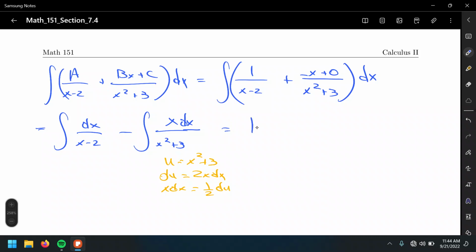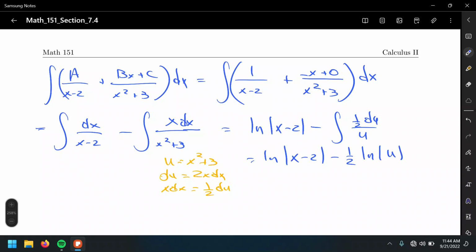This is ln of the absolute value of x minus 2, minus the integral of 1/2 du over u. If we take this 1/2 out of the integral, we would be integrating du over u. Isn't that another ln? Yeah. So ln absolute value of x minus 2 minus 1/2 ln of absolute value of u for now.